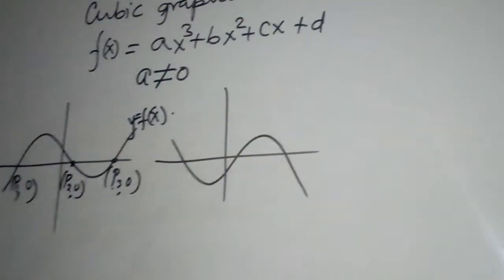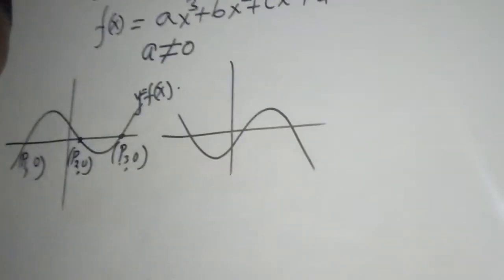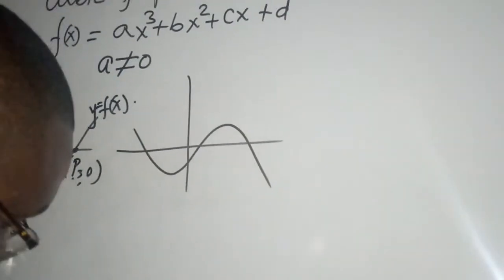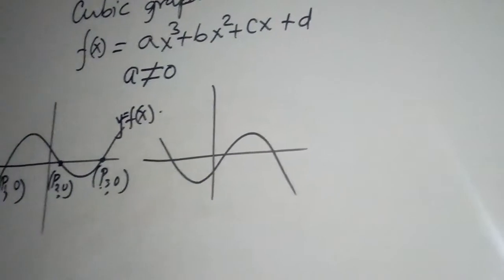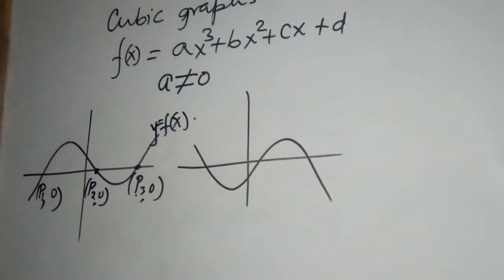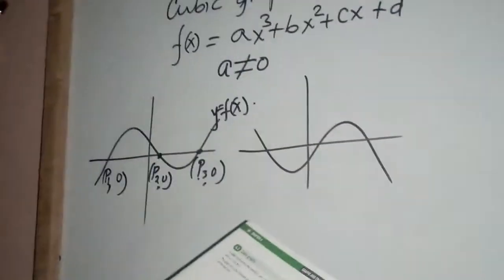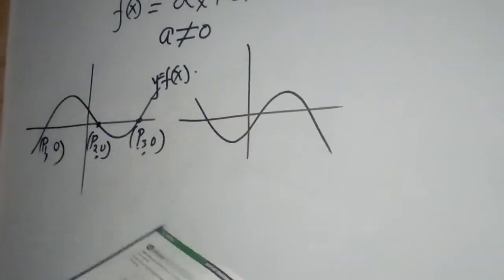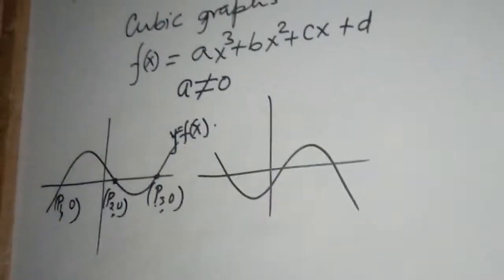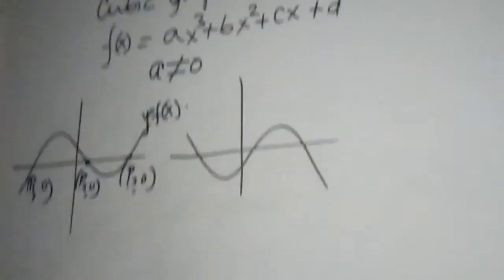Having said that, I think it is important to go to example 1. In example 1, we are expected to sketch the curves with the following equations and show the point where they cross the coordinate axis.